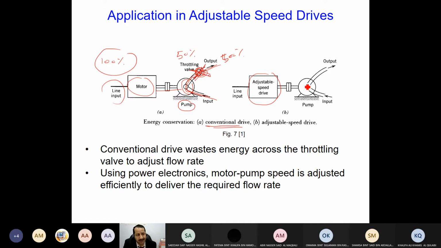We will control this circuit. Receiving 50% of the power means the water going out is 50%. Receiving 70% means here 70. Receiving 100% means 100%. Very easy. We don't lose. Exactly what we need, we will use. No waste in energy.